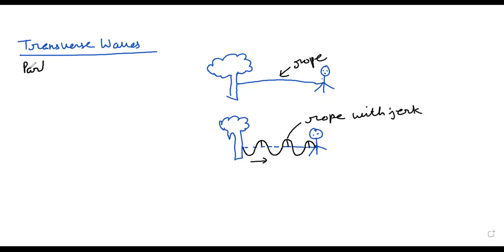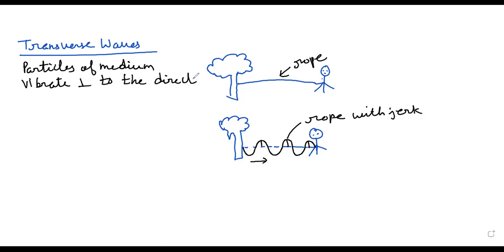In which the particles of the medium vibrate perpendicular to the direction of propagation of the wave. So in whichever direction the wave moves, the vibration of the particles will be perpendicular to it.